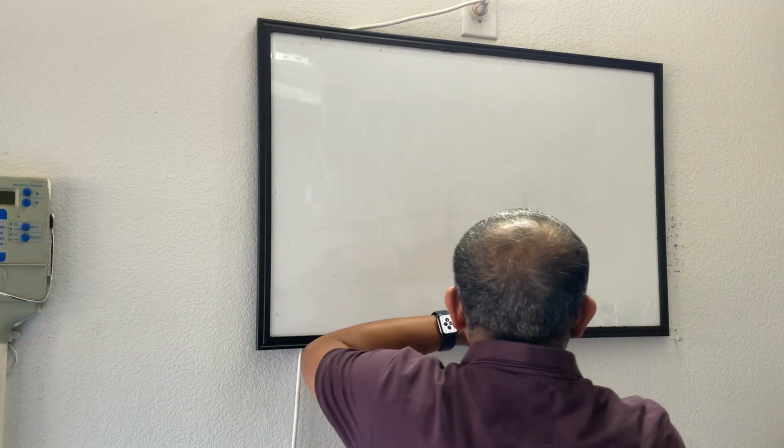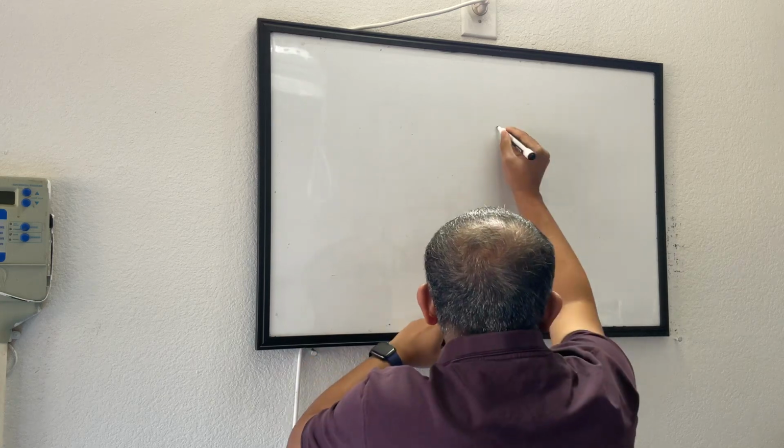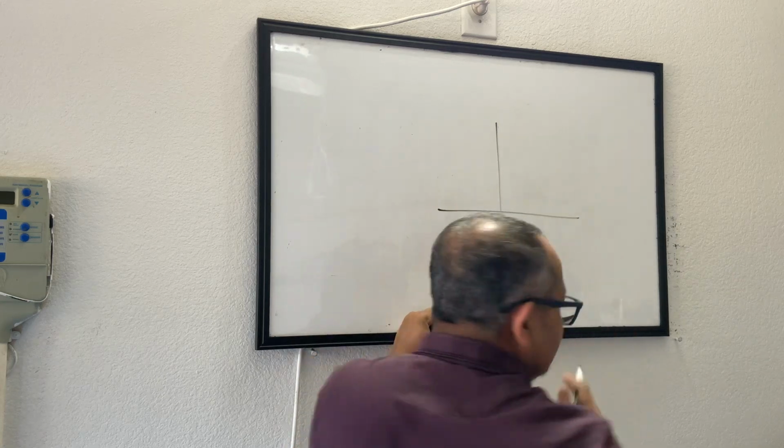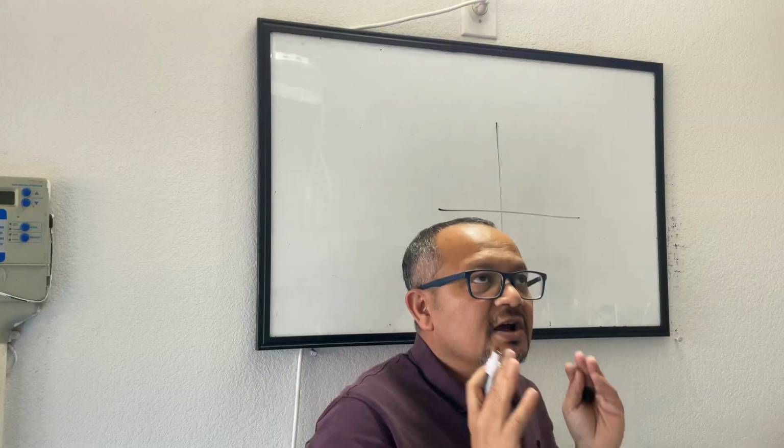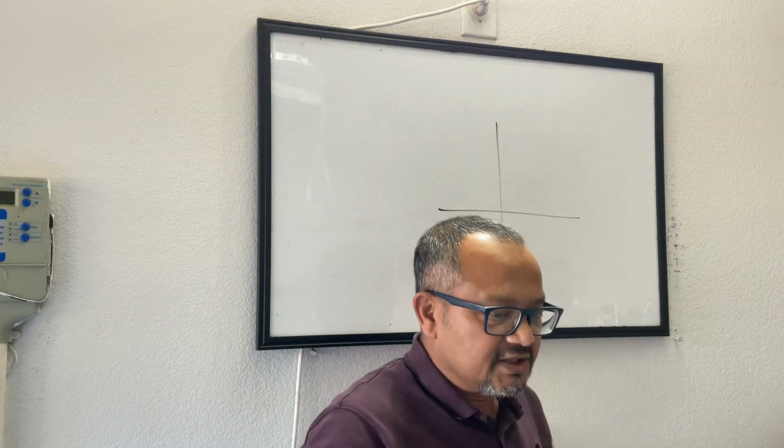So I just gave you the formula, but no, we will not do it that way. Let's understand from where this formula came into existence. Are you with me so far?